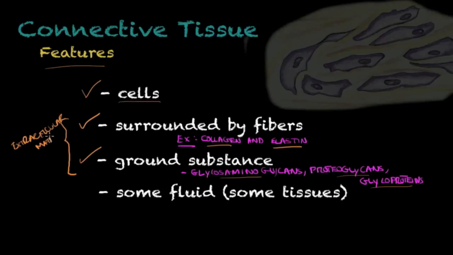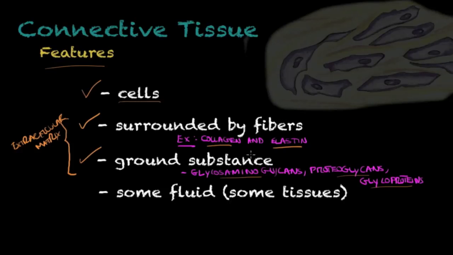And this is the space surrounding the cells. So these are the main characteristics of connective tissue. It doesn't matter which one you're looking at, you are going to see cells surrounded by an extracellular matrix.